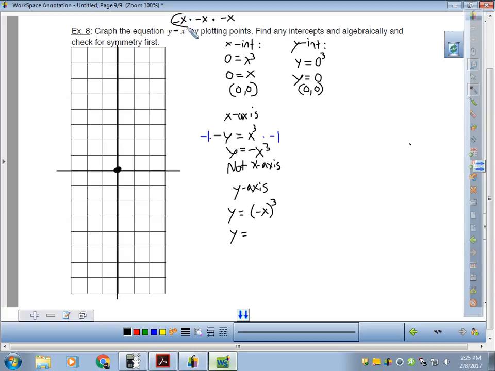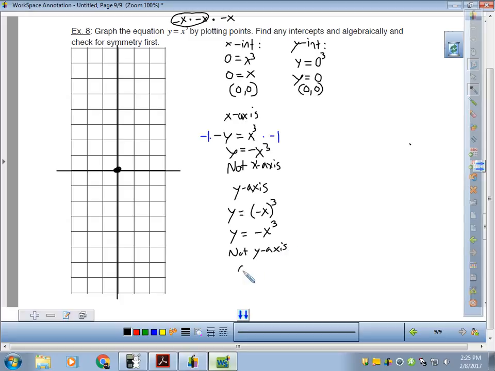When you multiply these two together, you're going to get a positive, because it's a negative times a negative. So it's going to be a positive x squared. But then you're multiplying it by a negative x, so you'll end up getting a negative x cubed. Take that, compare it to the original. Is it the same? No, it's not. So we know it's not y-axis.